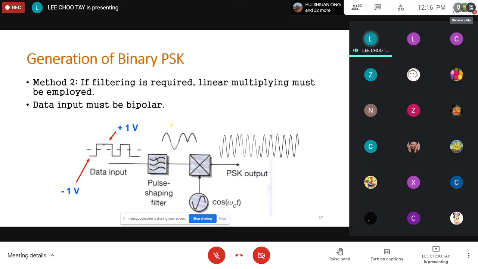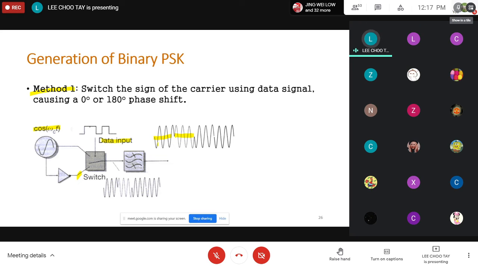And the second one, if you want to use filtering. Why do we need filtering? Because if you look at this rectangular data input and you switch between two different carriers, you end up with some wide bandwidth here, because of the switching.